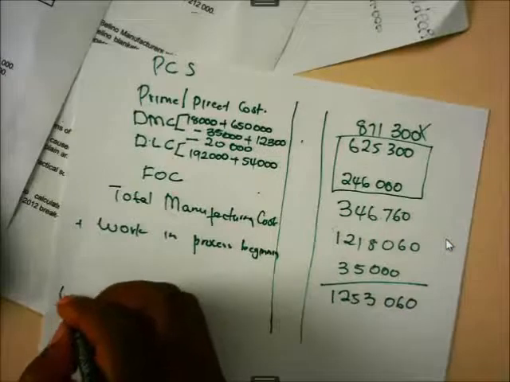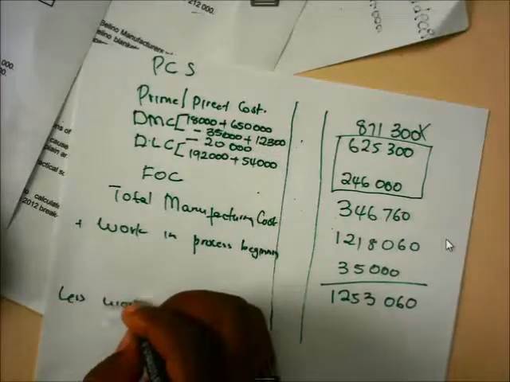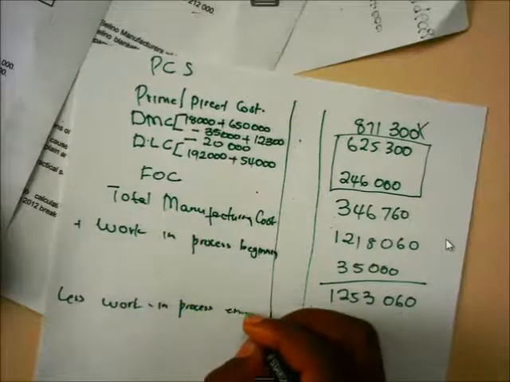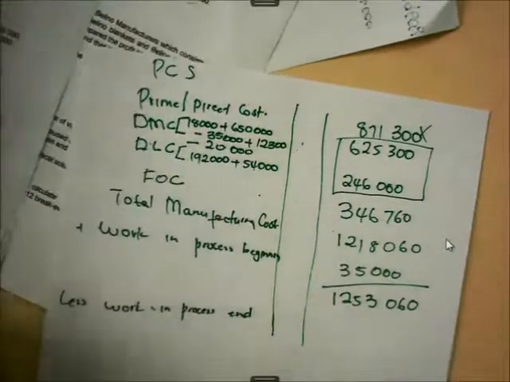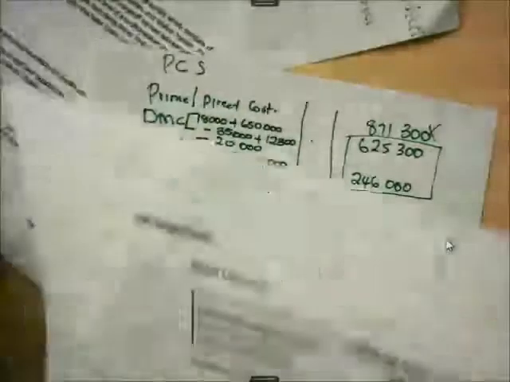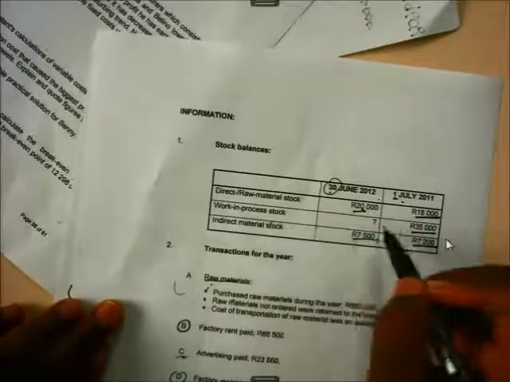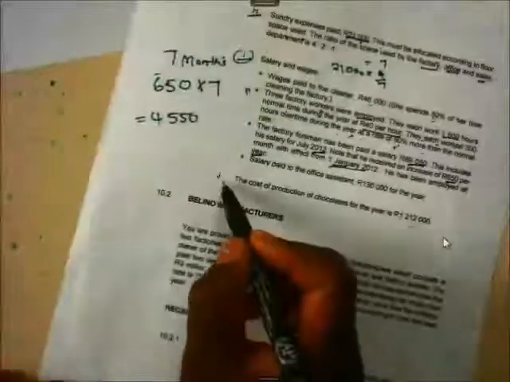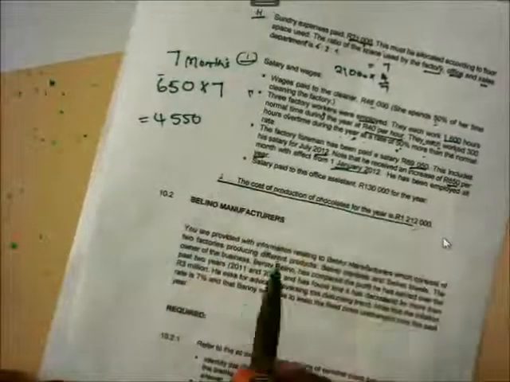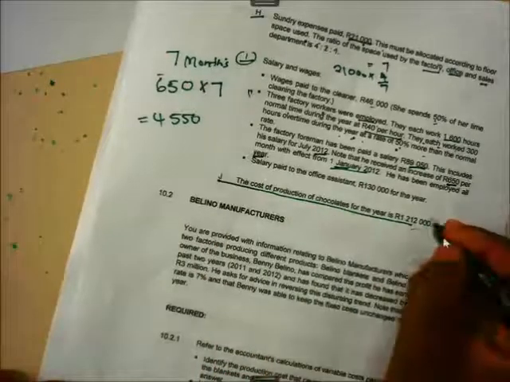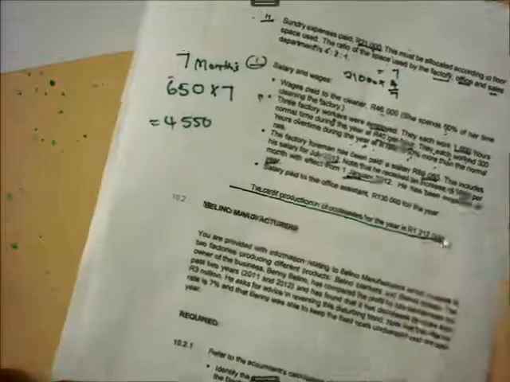Then we say less work in process at the end. But if you look in our information, we don't have the work in process at the end of the financial year. Now we must go to information J. Information J says the cost of production of chocolate for the year is 1,212,000.